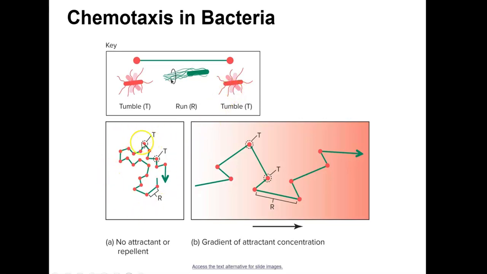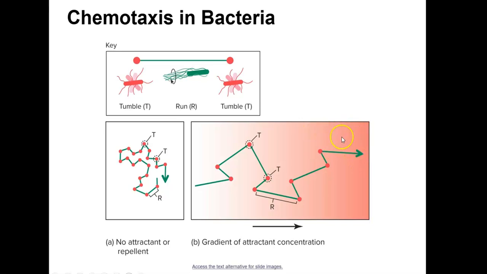This first square is showing when there's no attractant at all, and in B we're showing a concentration gradient, where you can think of that orange color as representing some type of chemical attractant. So this is showing a chemotactic response, a positive chemotactic response, in which it is moving towards the stimulant or the chemical that is in the environment.